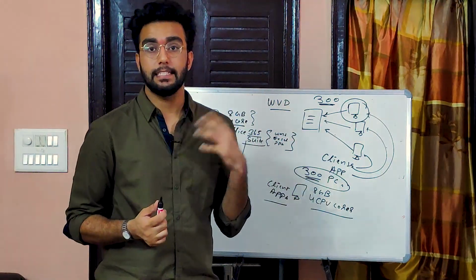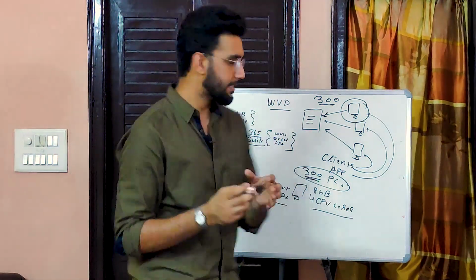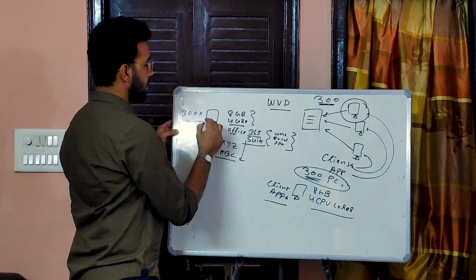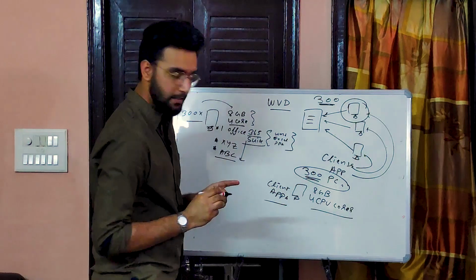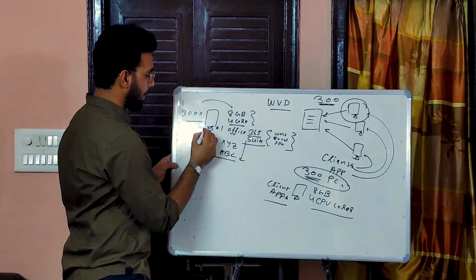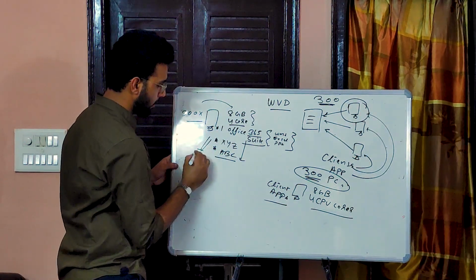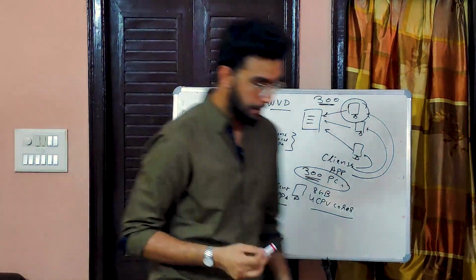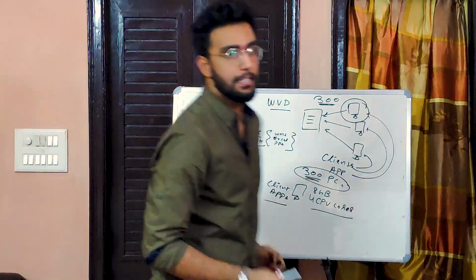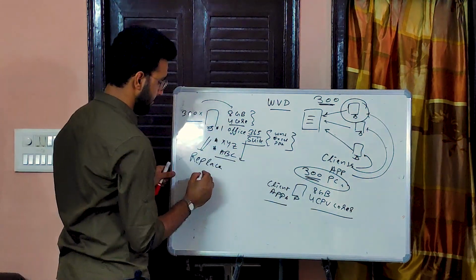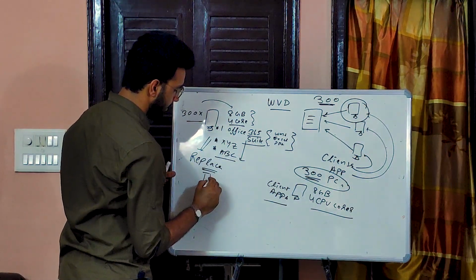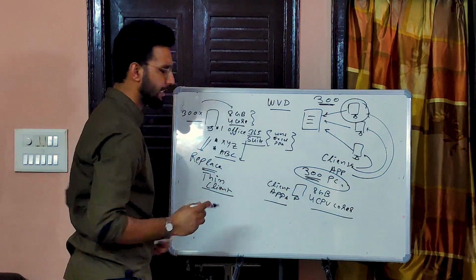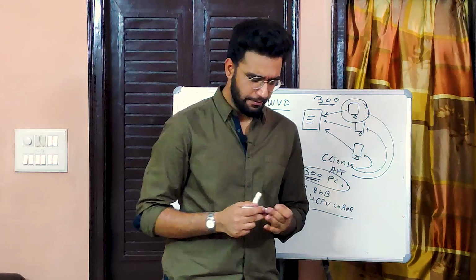So what we are suggesting in VDI is that rather than having 300 of these machines, we should totally replace them. With what? We should replace them by something called a thin client. That's the idea. So what is a thin client, if you're wondering?